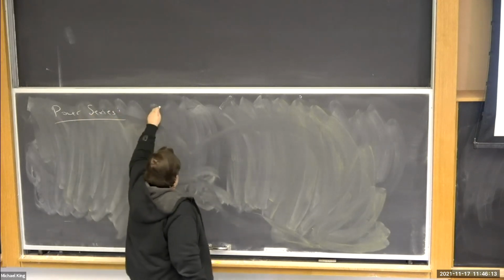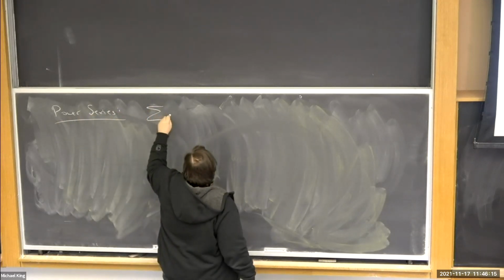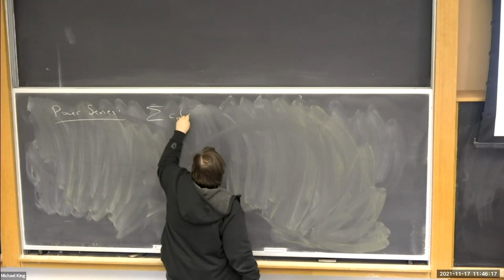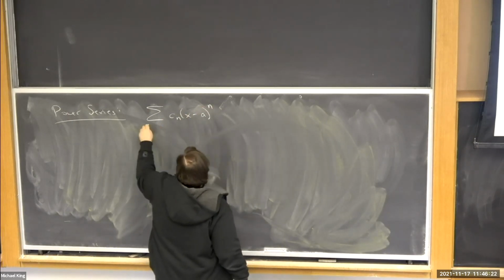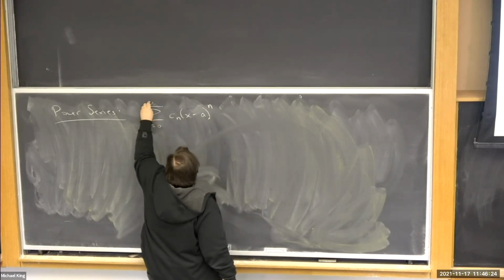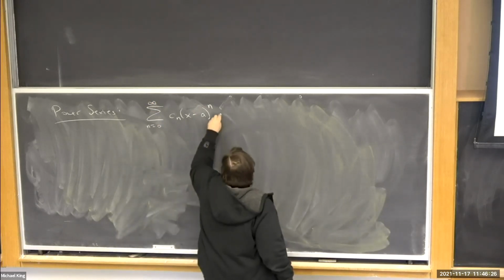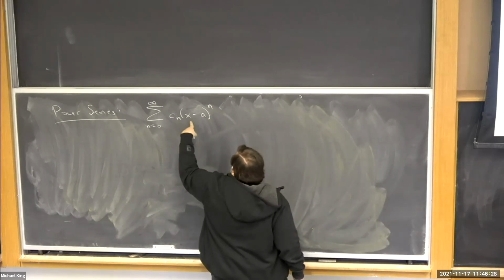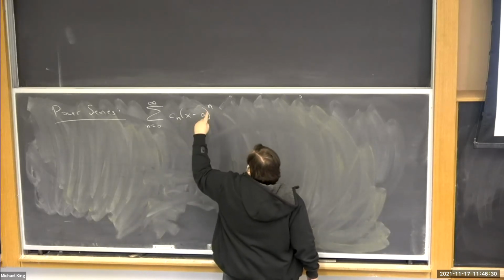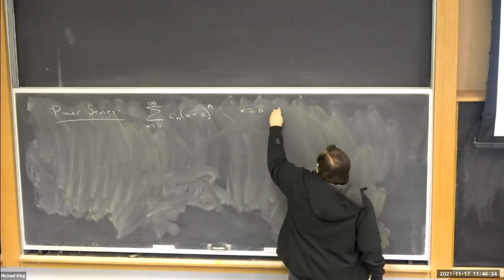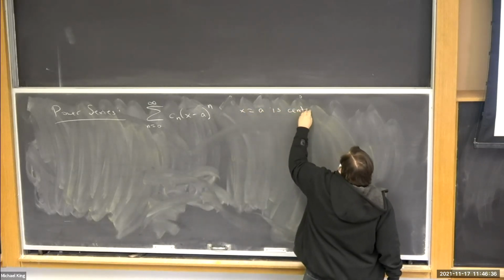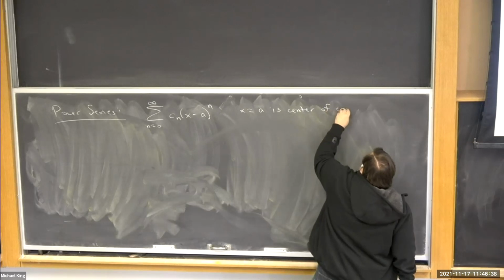I didn't really write general things last time, but I think the book sometimes will write something like this: the sum of Cn (x minus a) to the n, n equals 0 to infinity. So Cn is some function of n, and then you have this x minus a. And x equals a is the center of the convergence.